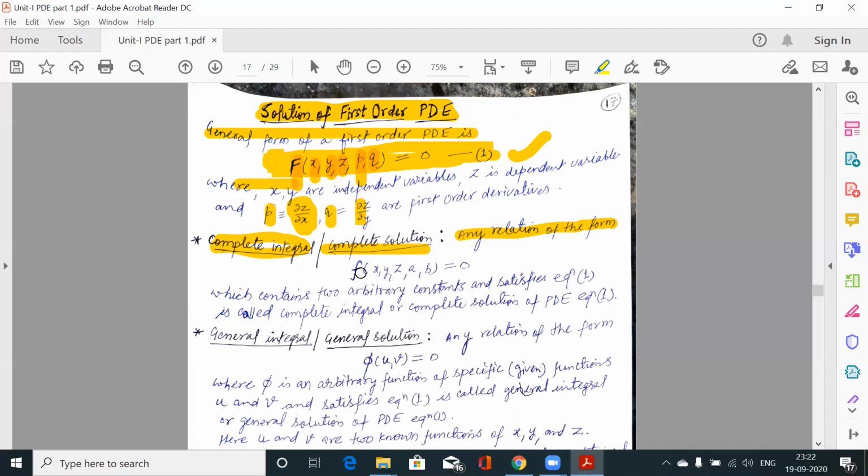If you remember our last lecture, in the formation of PDE, this was the question, the equation which we were given.